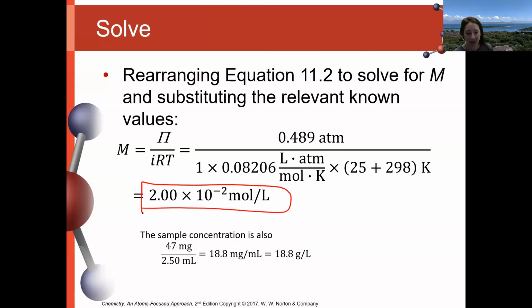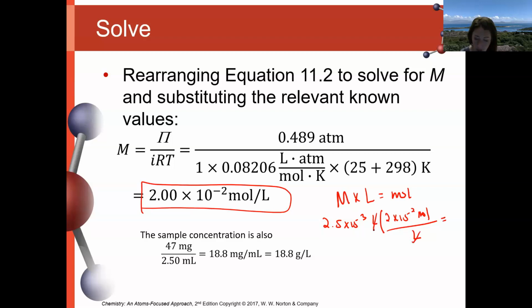Remember, molarity times liters equals moles. Our volume was 2.5 milliliters, which is 2.5 times 10 to the negative 3 liters, times our molarity, 2 times 10 to the negative 2 moles over liters.